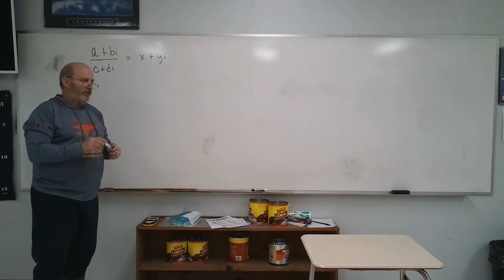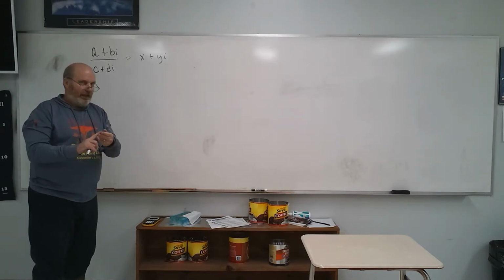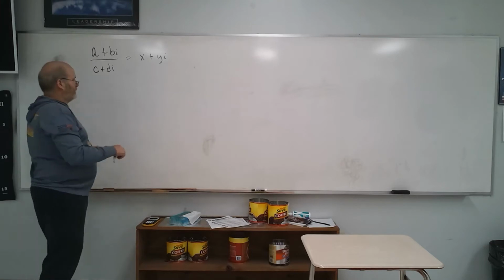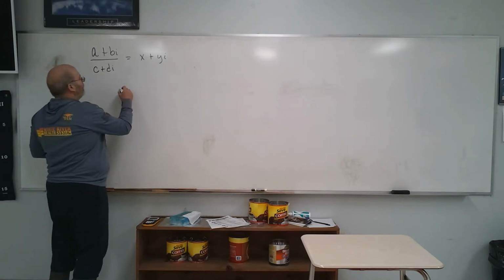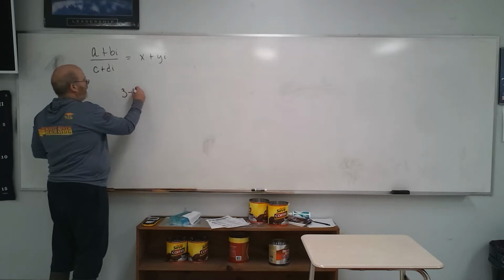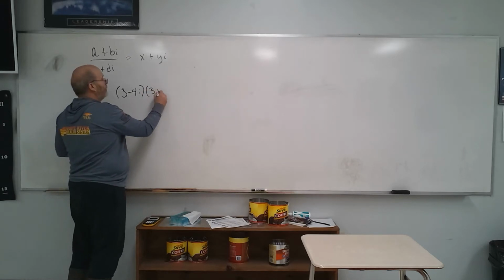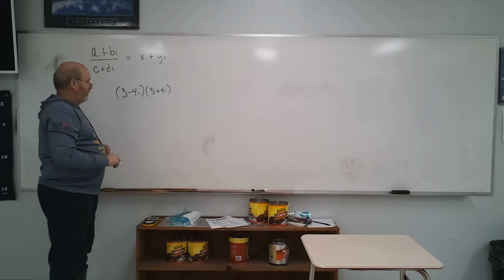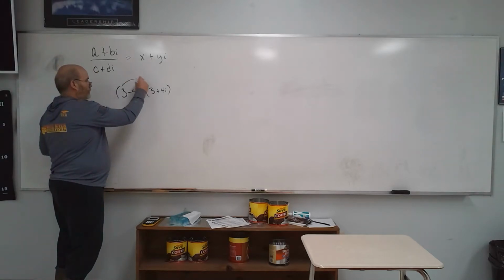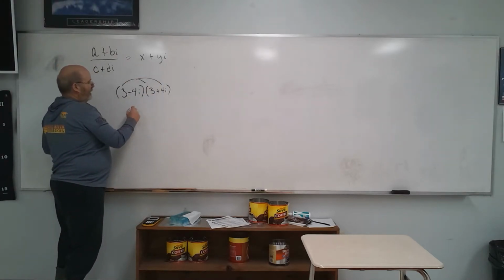We need to review first what complex conjugates are and what happens when we multiply complex conjugates. So recall that if I have a complex number, 3 minus 4i, its conjugate is 3 plus 4i. Change the sign on the imaginary part to get the conjugate. When I multiply this, I distribute the 3, and I get 9 plus 12i.